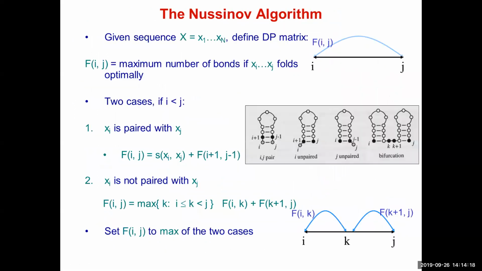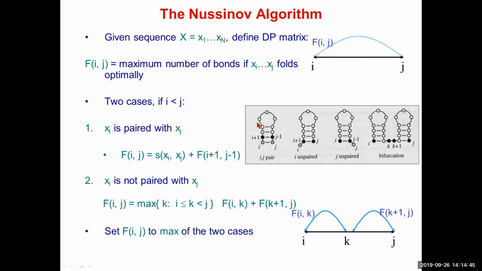And this is basically done by saying that given my larger sequence, I can define this dynamic programming matrix that tells me the best optimal energy of folding a sequence from i all the way to j. Okay? And this can be done by expressing it as a function of the subproblems by including one nucleotide on both sides.